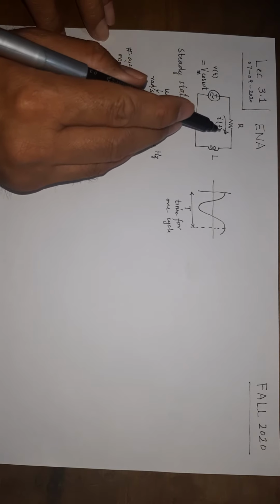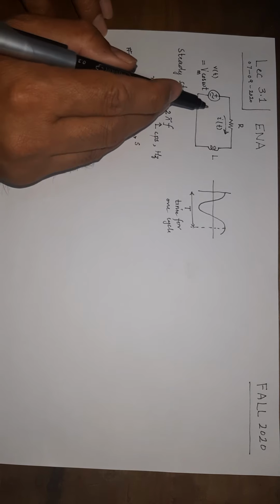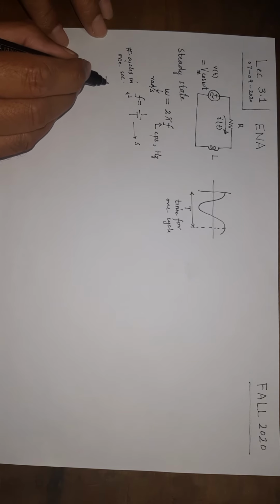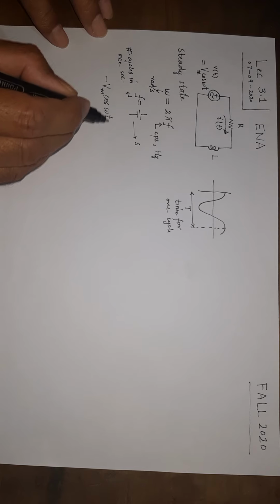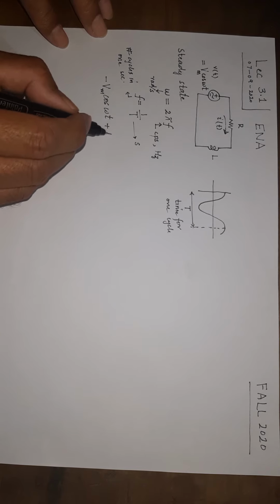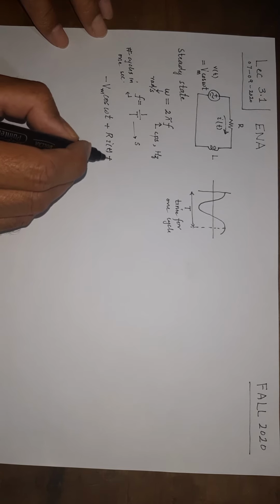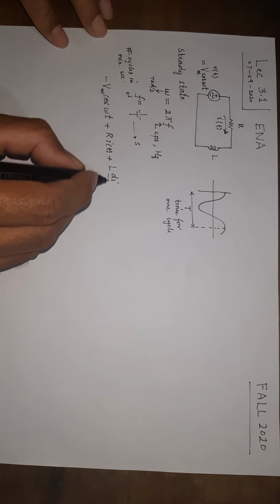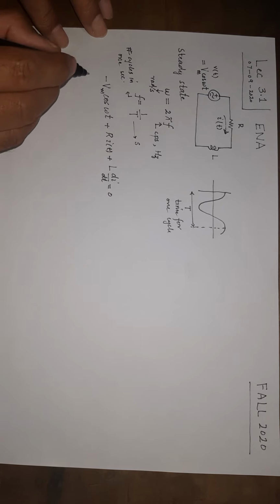So how do we apply the known circuit laws in this circuit? If we apply KVL here, we are going to write minus Vm cos of omega t plus R into i(t) plus L di by dt is equal to 0.